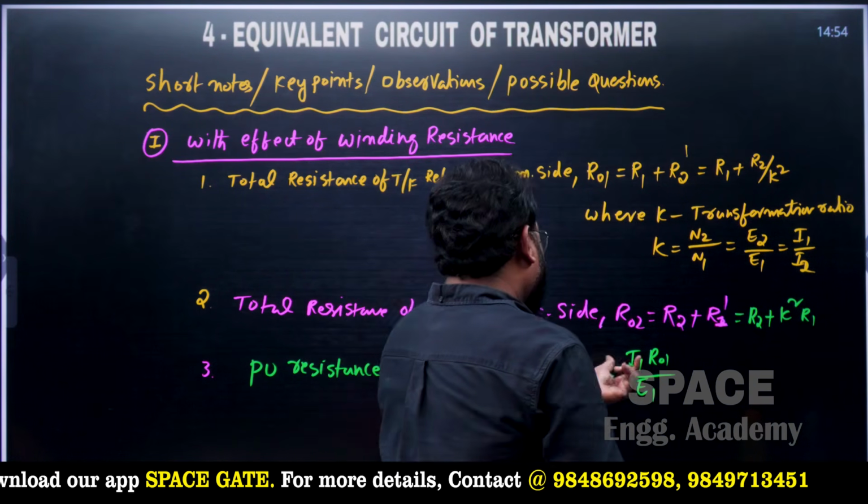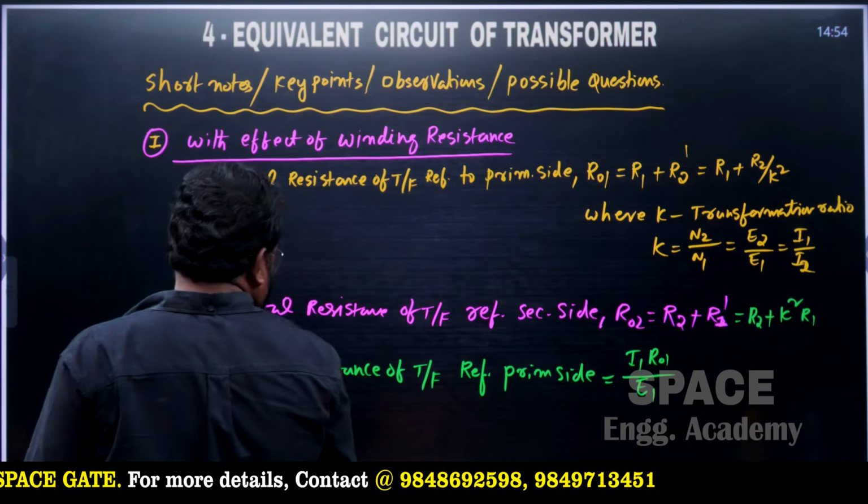With this you can find the per unit resistance of the transformer referred to the primary side.